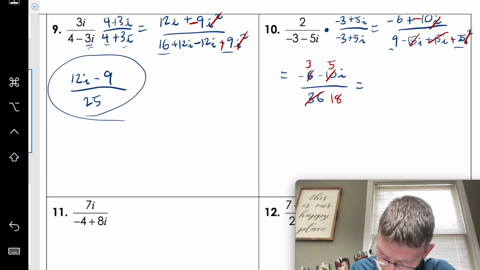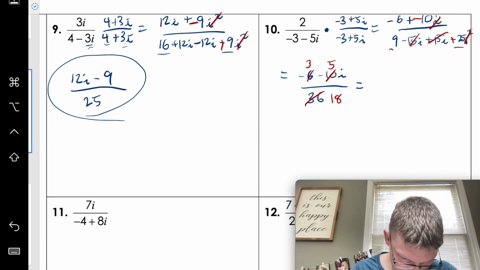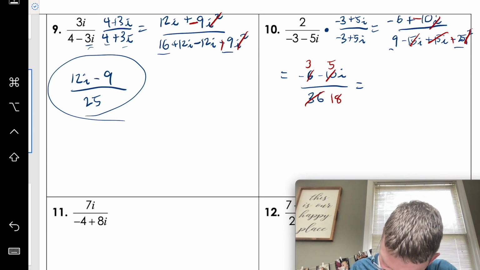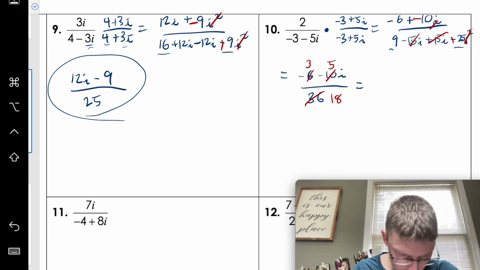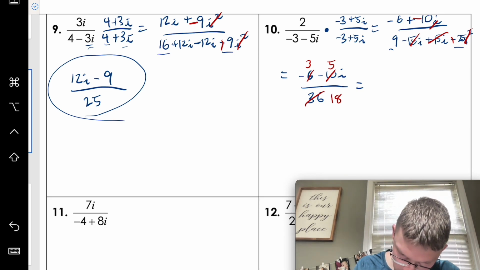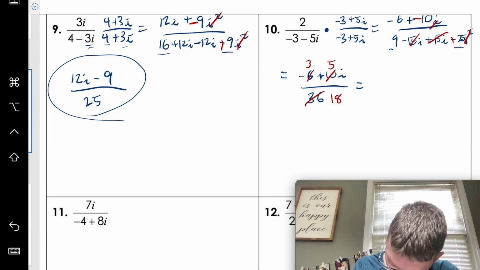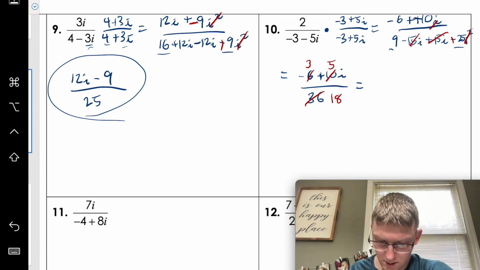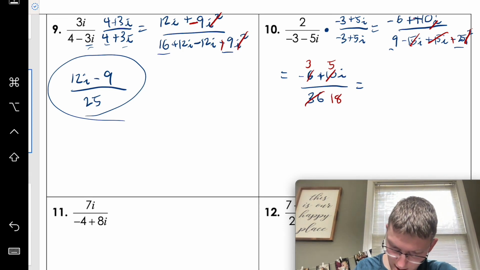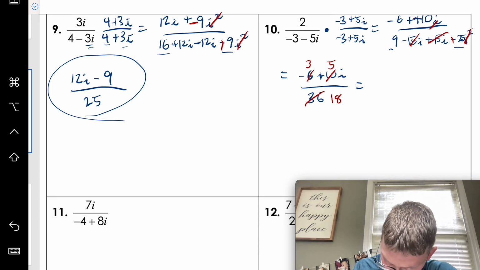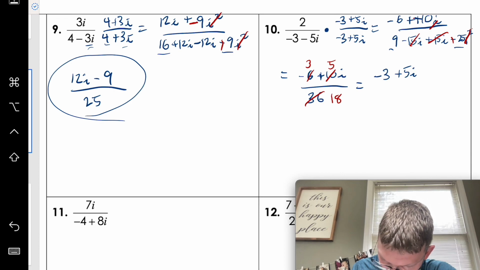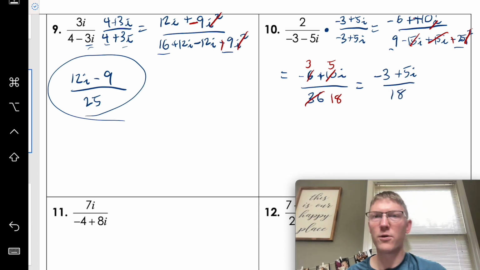So let's fix that. Whoops. Oh, whatever. So this should be a plus because this never happened. So watch your negative signs. But still, our final answer is going to be negative 3 plus 5i all over 18.